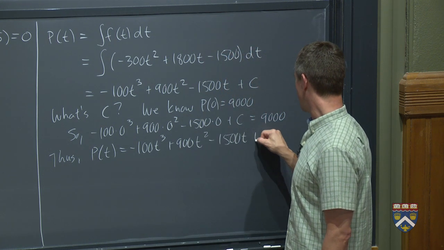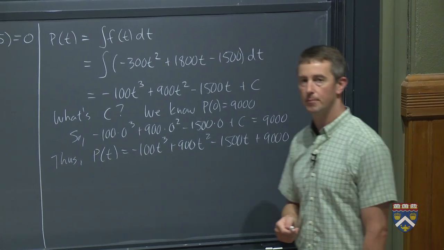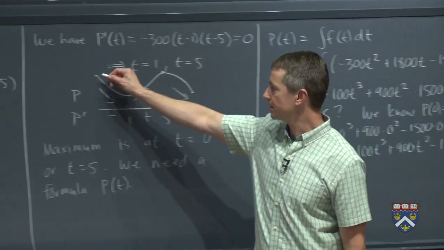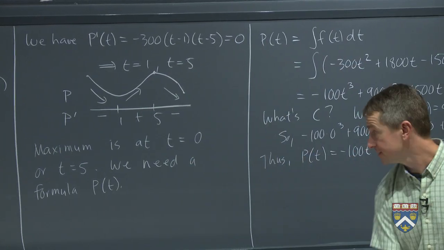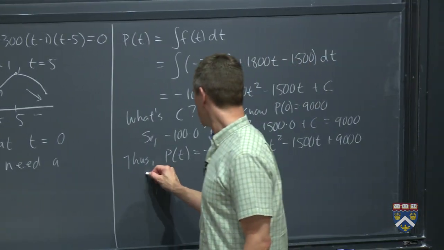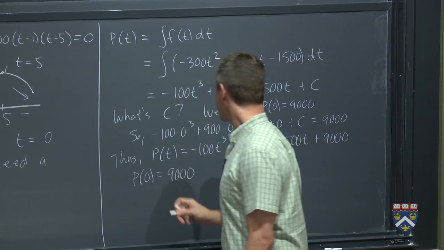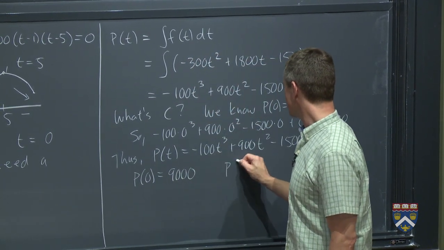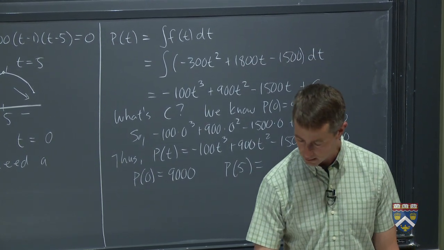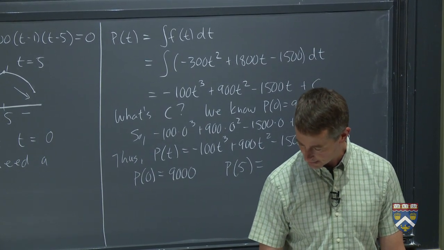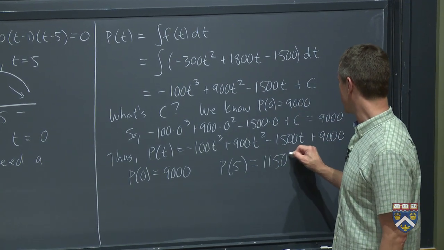And the point in doing that was so that we could compare the population at time 0 to the population at time 5. And the population at time 0, we already know, was 9,000. And if you plug in 5 to this, we won't go through all of the arithmetic there, but if you plug in 5, we'll get 11,500.